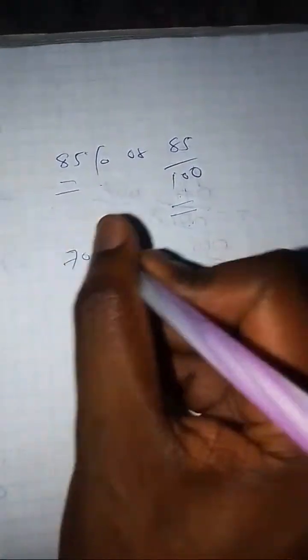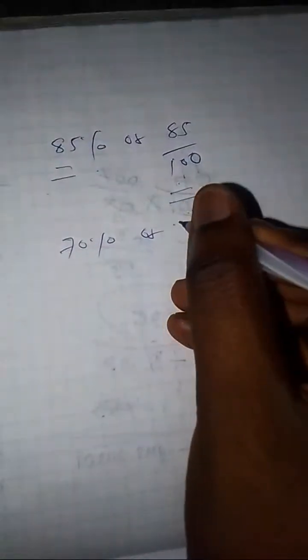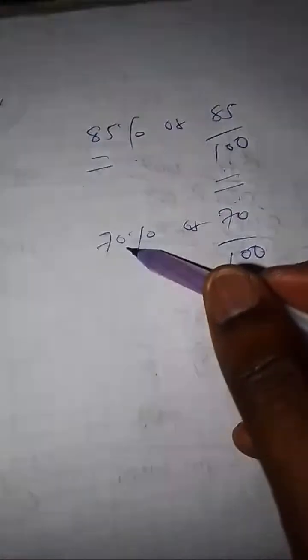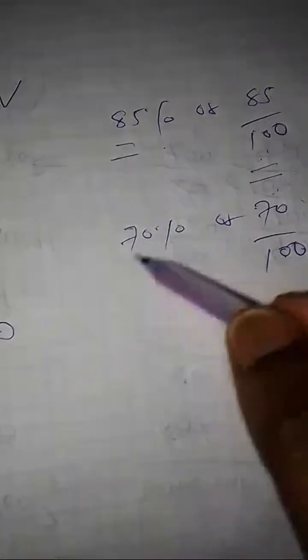The same as someone writes 70% or 70 out of 100. It is still out of 100, because all percentages run up to 100%.